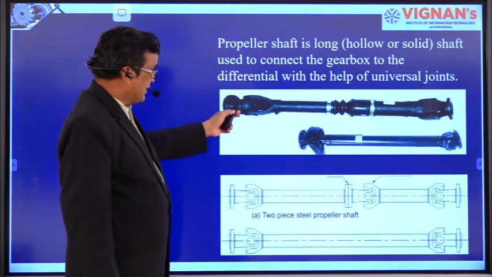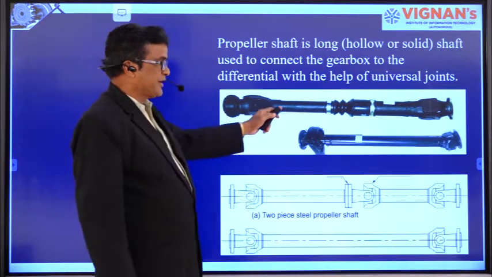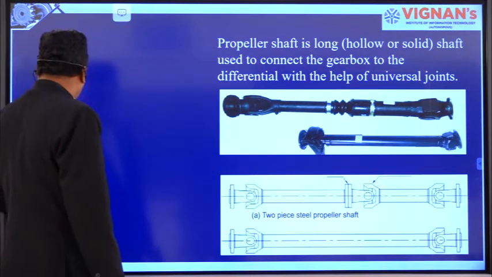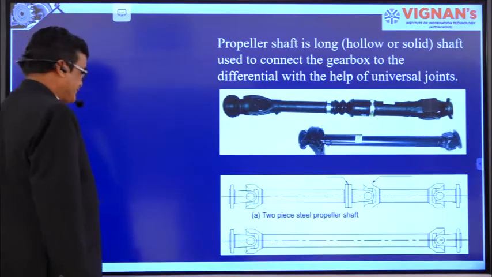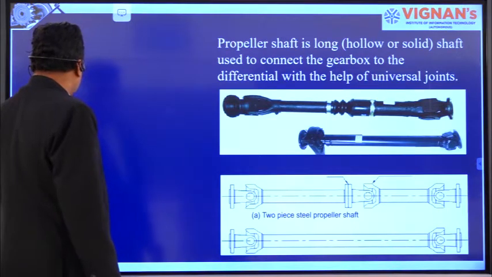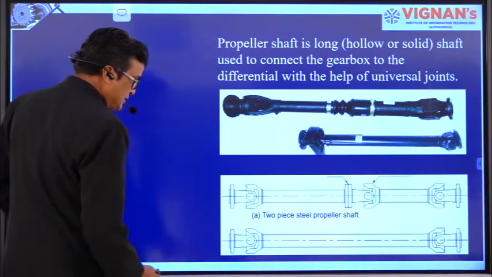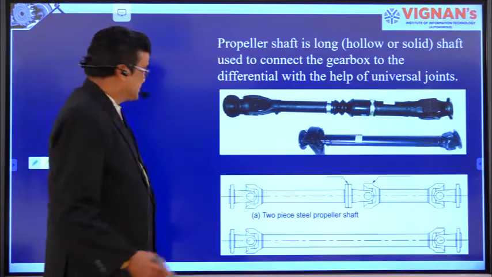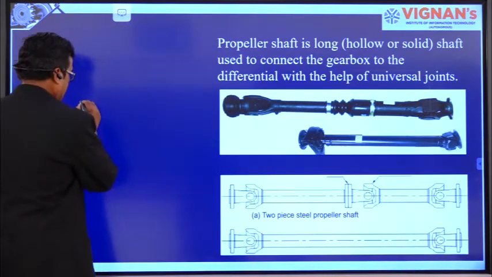And this is the real part of the propeller shaft. These are the real images, and this is the schematic. Let us draw the single piece propeller shaft. It is like this. It is connected with a universal joint on either side, right? And at the center it is hollow in cross section.